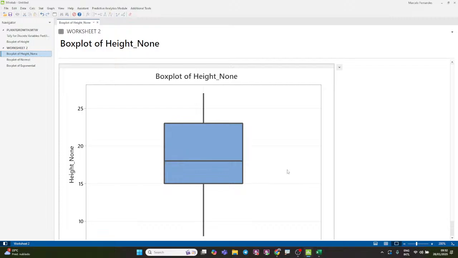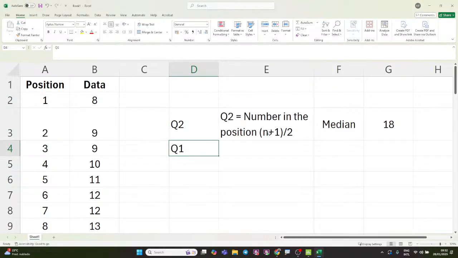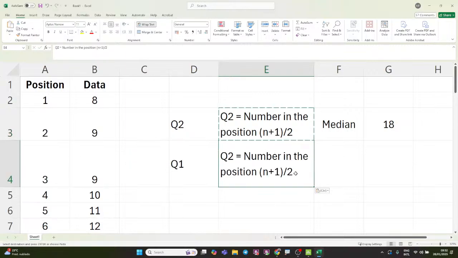So let's see how can we find this number. Let me know if you guys agree that if Q2 is the number in the position n plus 1 divided by 2, what can we have if we take n plus 1 divided by 4?